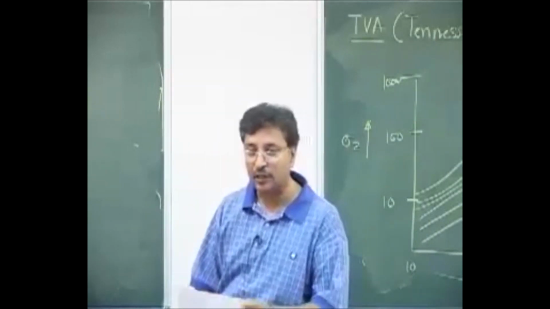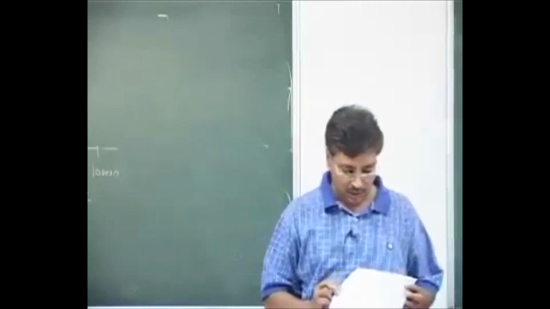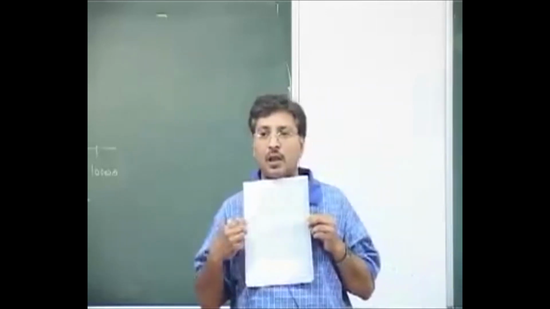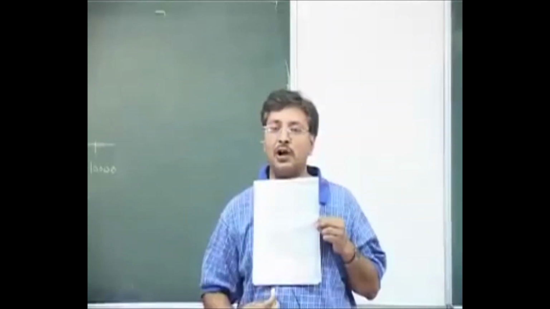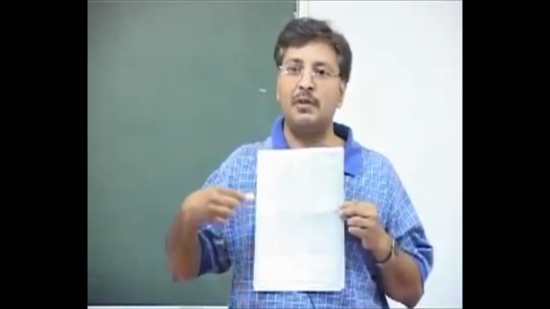I have the graphs, but I didn't bring the laptop. This particular graph, some of you in the front can see. This axis is downwind distance x, and this side is sigma y.